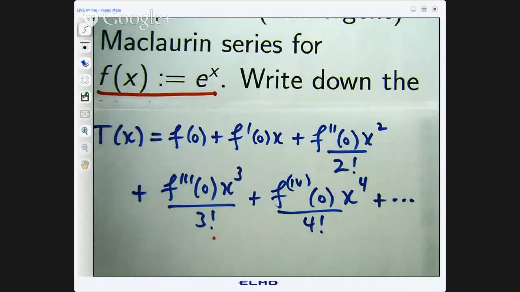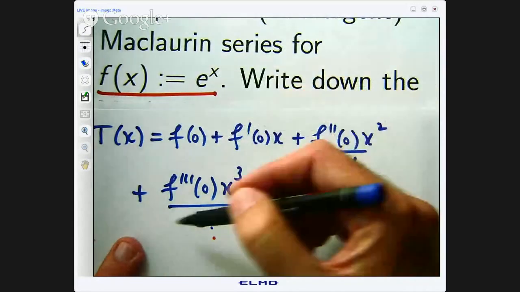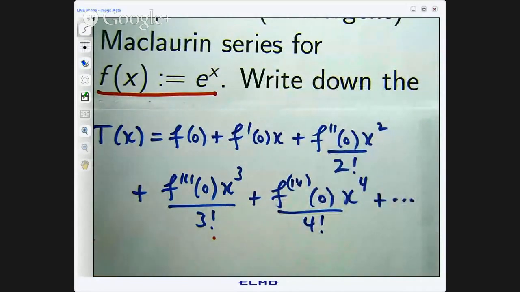Okay, so if you know this, you can always write down your Maclaurin polynomial. So how does that actually relate to our given function? Well, let's compute all the derivatives for our given function, and then we can write down our Maclaurin series.